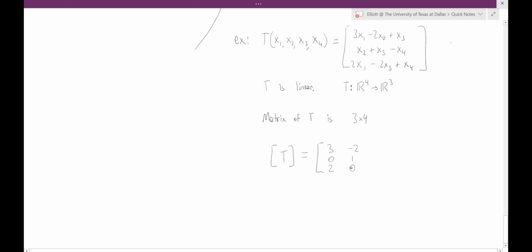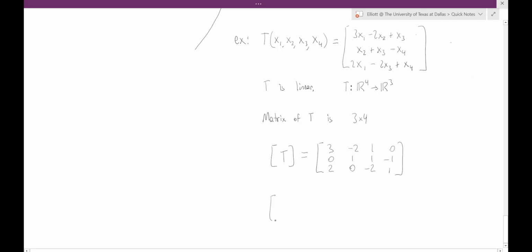Coefficients of x3, 1, 1, -2. Coefficients of x4 are 0, -1, and 1. Okay. So then this would be the matrix of the transformation T.